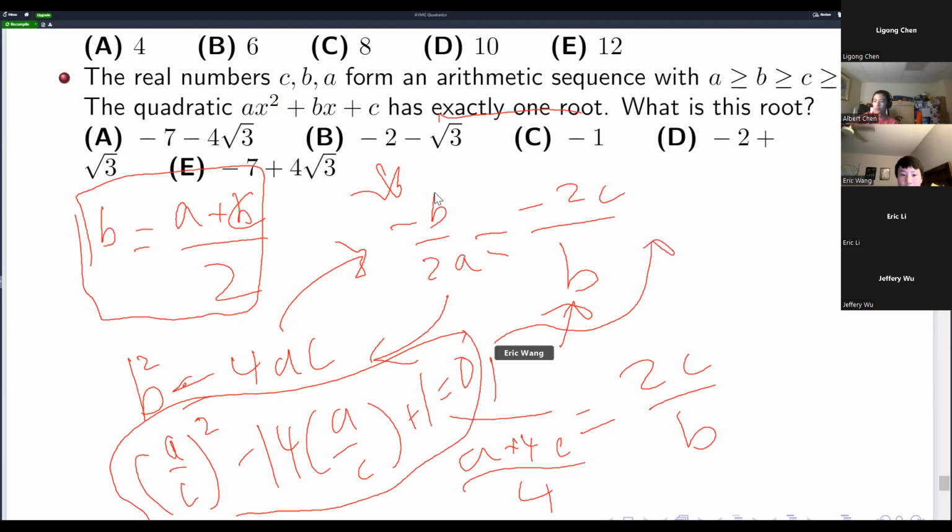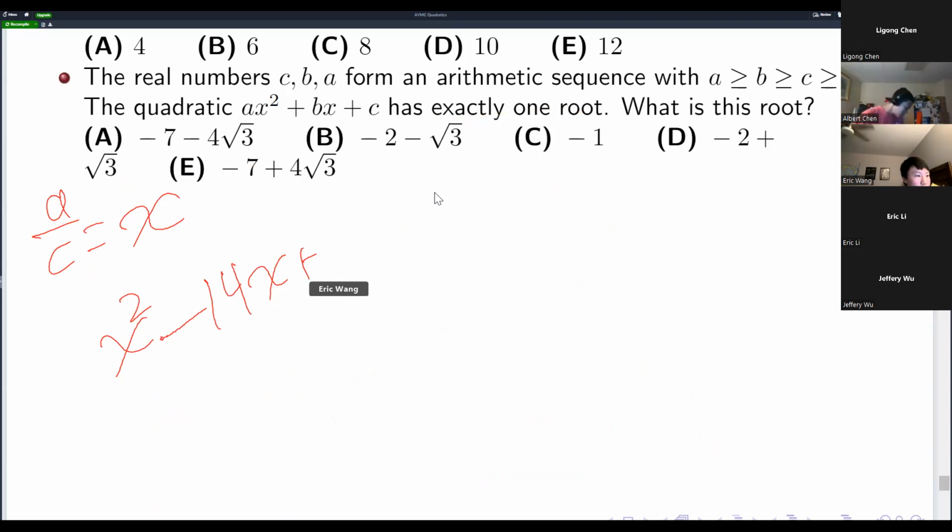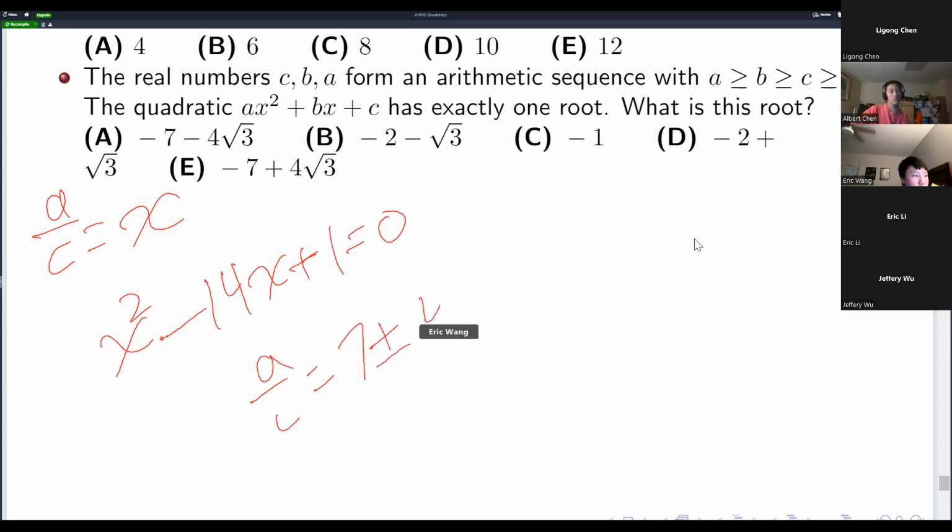I'll clear and rewrite it. If a over c is my x, I have x squared minus 14x plus 1 equals 0. I'm going to use the quadratic formula, and this gives you a over c equals 7 plus or minus 4 root 3.